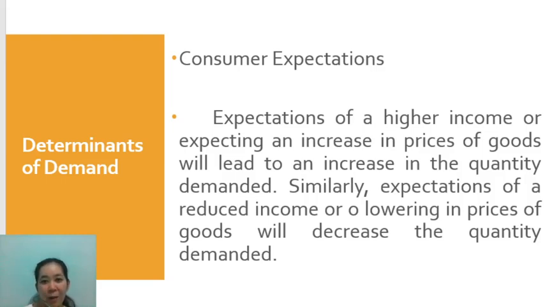So if the consumer expects a reduced income, their quantity demanded will also decrease. Or, for example, if the prices will be lowered, then the tendency is there can be more on the part of the consumer to buy.